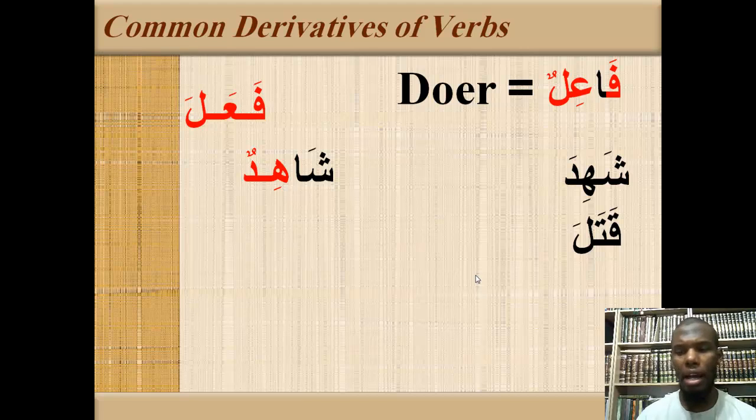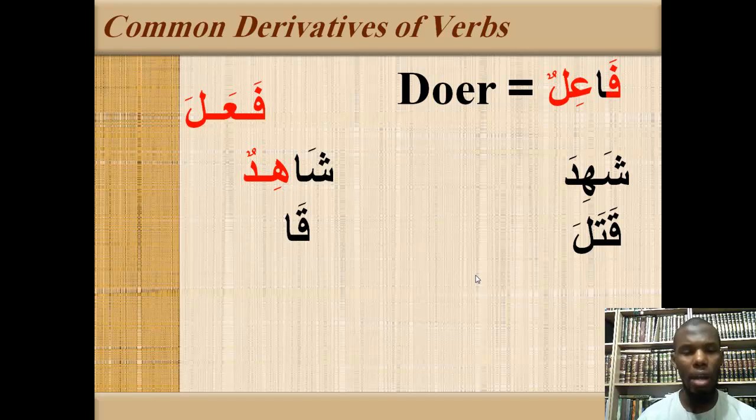The next word we have is qatala. Qatala is also a 3-letter verb, past tense, meaning he killed. The doer, or the fa'il form, for kill would give us the meaning killer, someone who participates in the action of killing. The first thing we do is put an alif after the fa'ul fi'l, which in this instance is the qaf.